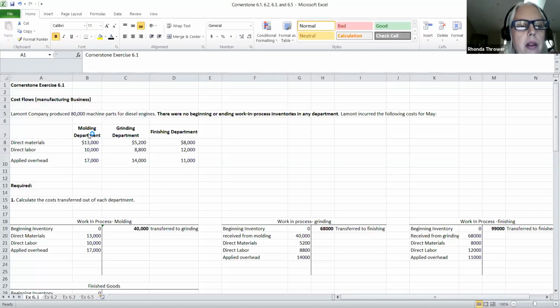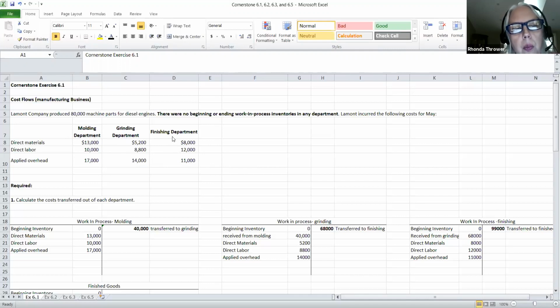The first department is the molding department, and the output from the molding department is going to be sent to the grinding department, where it's worked on further. When it's finished in the grinding department, we're going to send it to the finishing department, and when we've worked on it in the finishing department, we're going to send it to finished goods inventory.